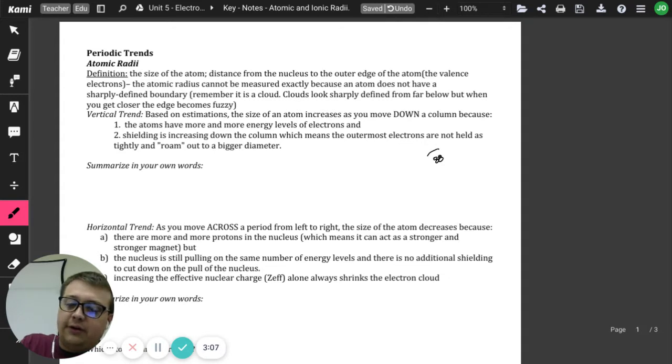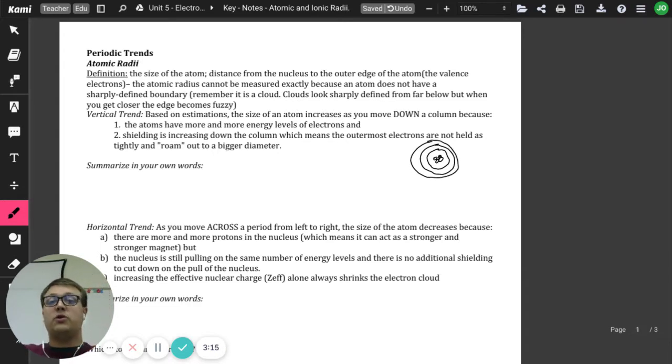So we've got our first energy level, and then our second energy level, and then our third energy level there. And so what do you notice as we move down, as we add energy levels? Well, you should notice that the size got larger, right? So that should be your general trend. As you move down the periodic table, your size is going to increase, okay? And again, you've got more energy levels.